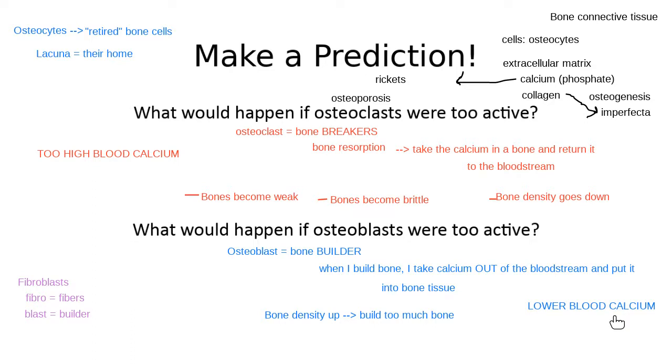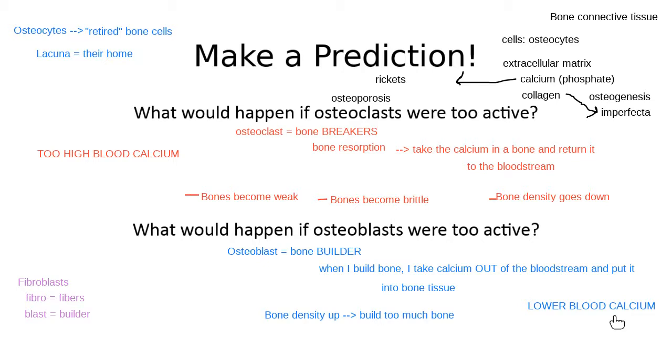Keenan had a question. If our bones build too much bone, what would happen to the spongy bone? When we're building bone tissue, it's easier for us to build spongy bone than it is for us to build compact bone. So if my osteoblasts are too active, initially, I'm probably mostly going to build extra spongy bone.